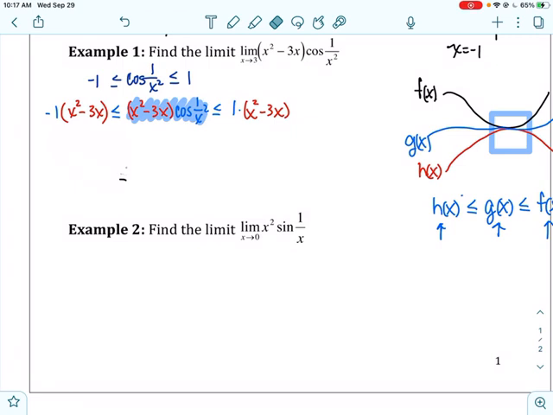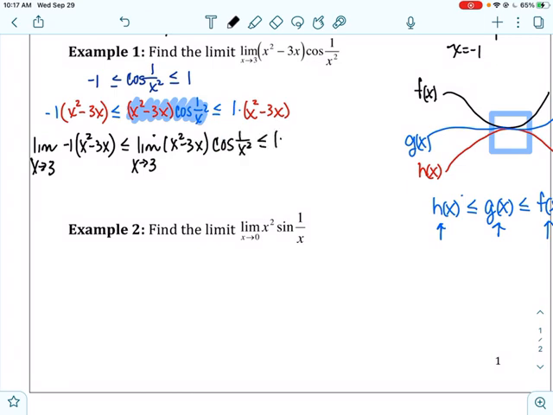I need to write this limit idea here. So we have the limit as x approaches 3 of -1 times x squared minus 3x is less than or equal to the limit that we hope to find, of x squared minus 3x times cosine 1 over x squared, which is less than or equal to the limit as x approaches 3 of x squared minus 3x.